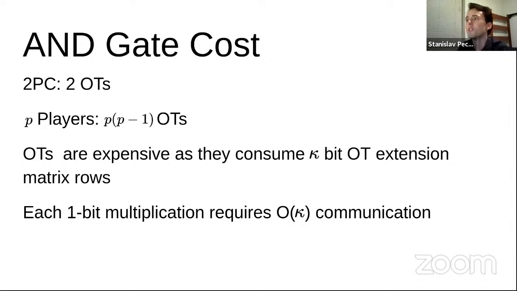In order to reduce the OT costs, GMW implementations use the efficient OT extension protocol. But despite this improvement, OTs consume OT extension matrix rows of size kappa, which is the computational security parameter. Thus, computing a 1-bit multiplication requires big O of kappa communication.